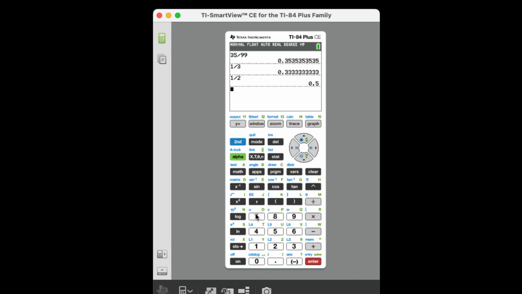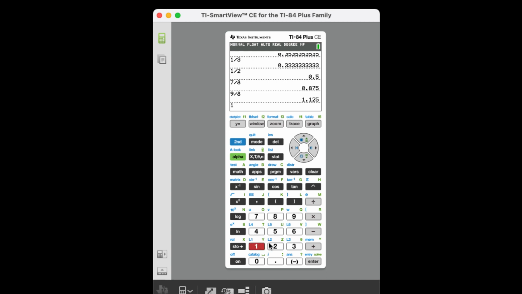So any fraction, if I put 7 divided by 8, ladies and gentlemen, that's terminating. I can even say 9 divided by 8. That's terminating. How about 12 divided by 7? Believe it or not, that's non-terminating, but there's a pattern of digits that you see.